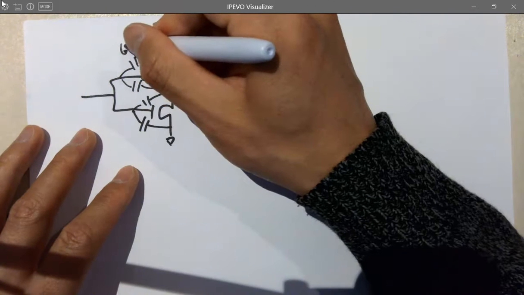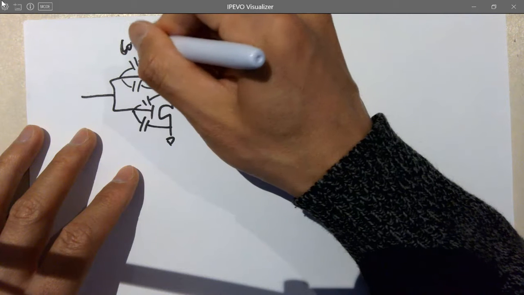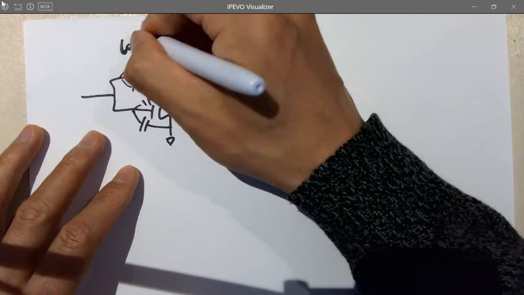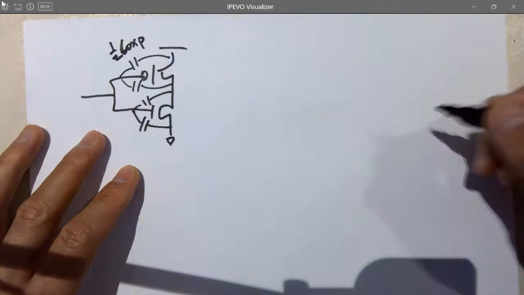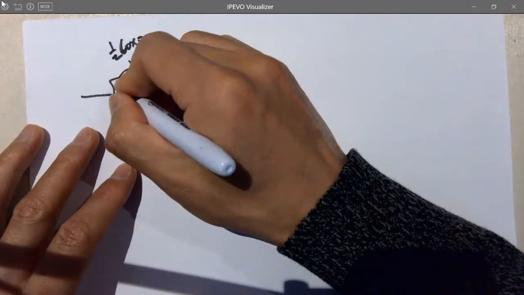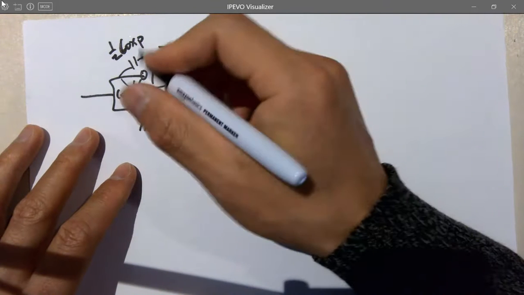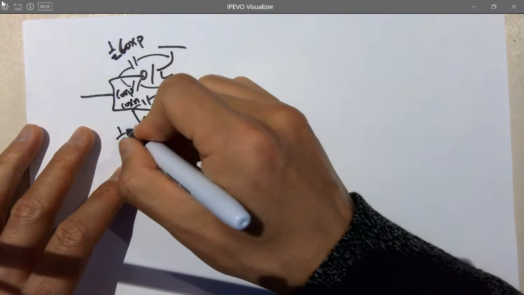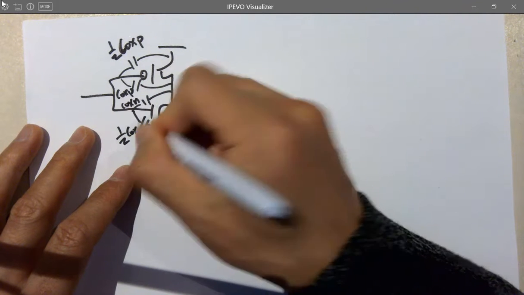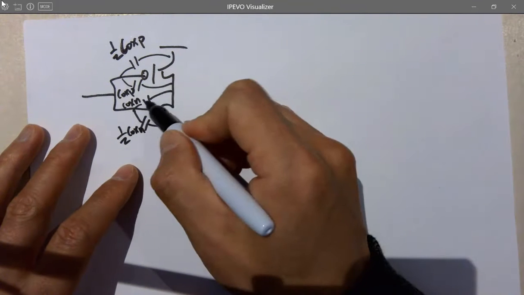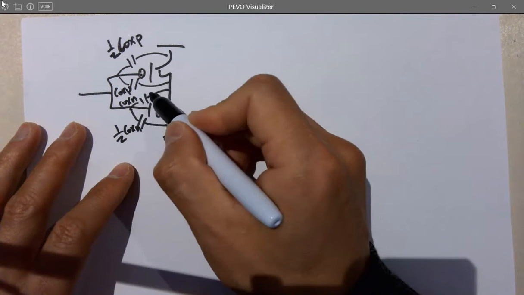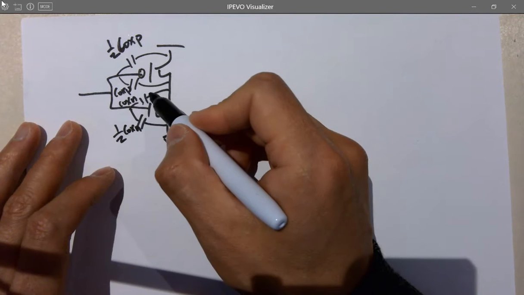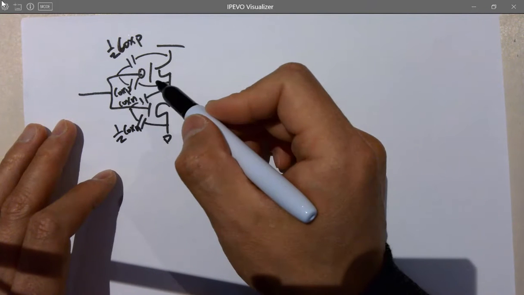So that's a half of Cox P, and this will be Cox P, and this will be Cox N, and this is a half of Cox N. Why? Because these two caps have what effect? Mirror effect.